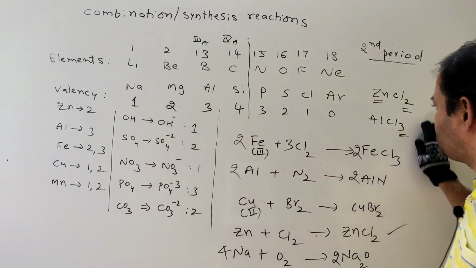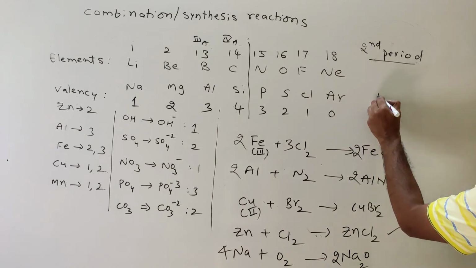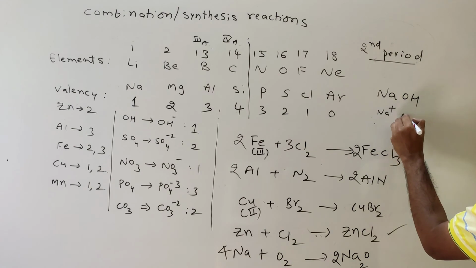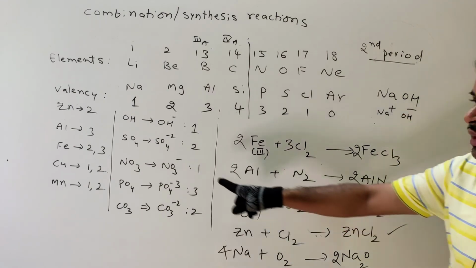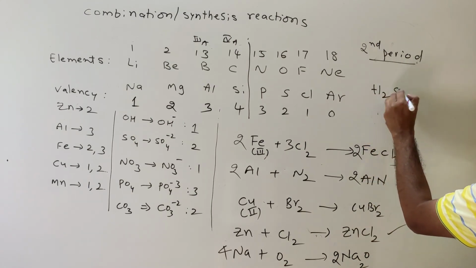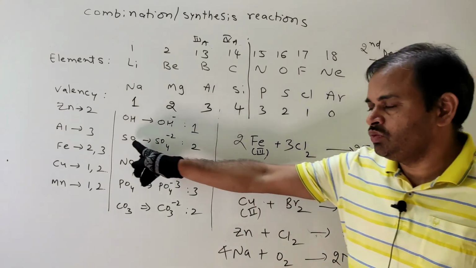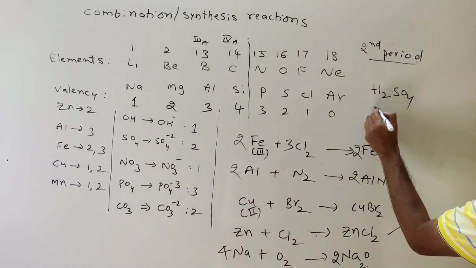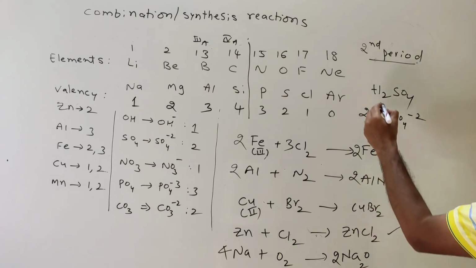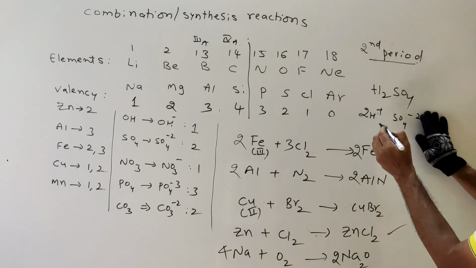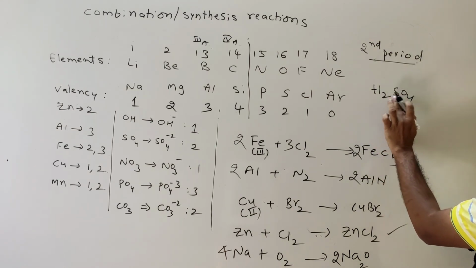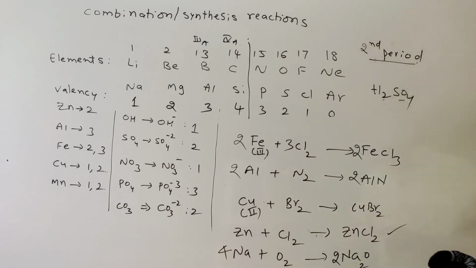So here OH minus is there, you can get NaOH. Okay, so Na plus OH minus, so OH is minus, that's why it is 1. So SO4, so what is the familiar compound with SO4? It is H2SO4. So 2H plus ions and SO4 minus 2 ions. Okay, so crisscross, same. SO4 is 2 minus, SO4 2 minus, so in the crisscross way.